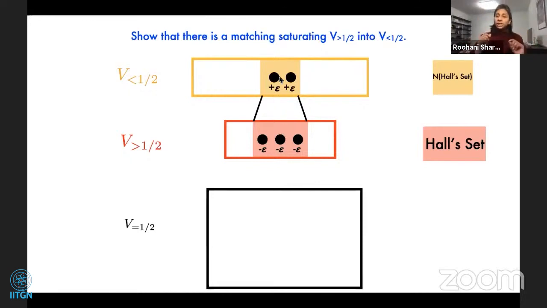So if I do this tweak, I definitely end up with a smaller optimal value, but I just need to show that this tweaking still satisfies all the edge constraints.